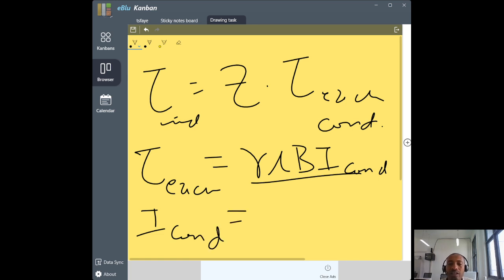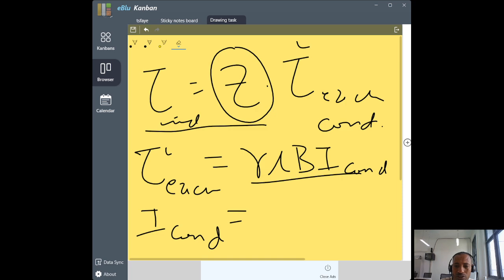Look, our induced torque in the machine is going to be the number of conductors in the machine times the torque of each conductor. But the torque on each single conductor is R L B times I of the conductor, the current inside the conductor.